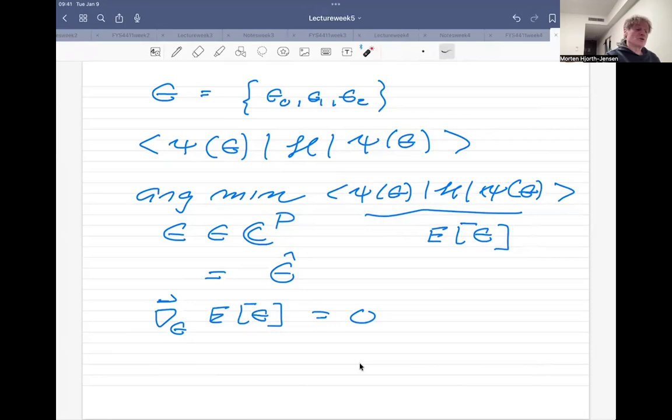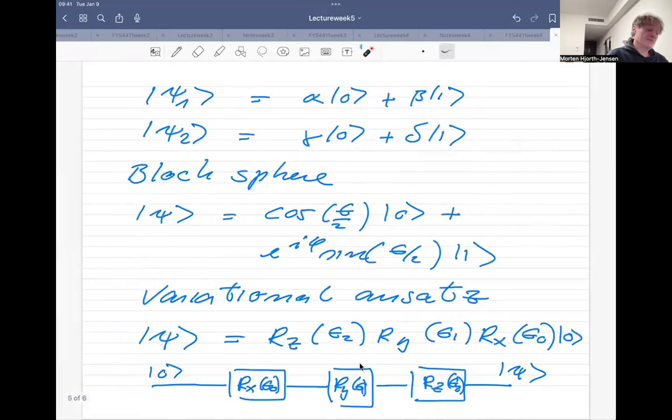So, in essence, what you see here is what we end up doing with the variational quantum eigensolver. We have an ansatz. For the 1-qubit case, we are going to set up a state on the Bloch sphere where we can initialize the system randomly with some specific angles. We don't know whether these are the optimal ones.